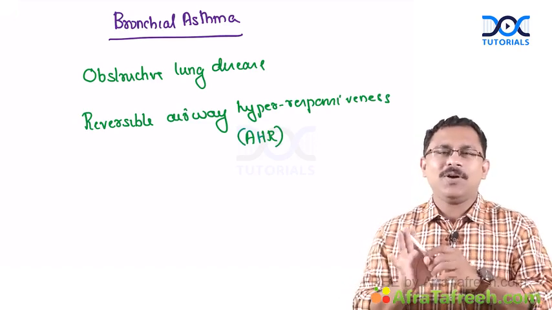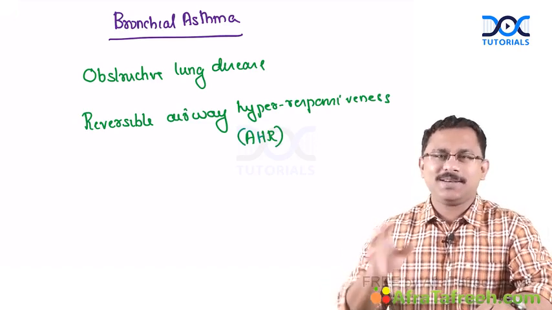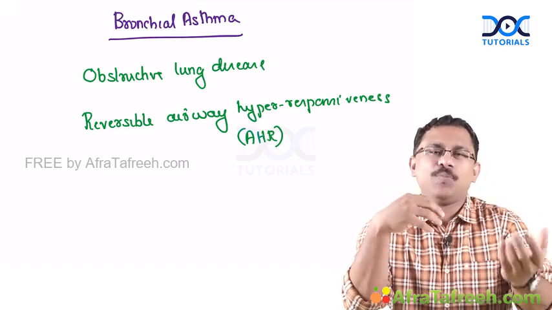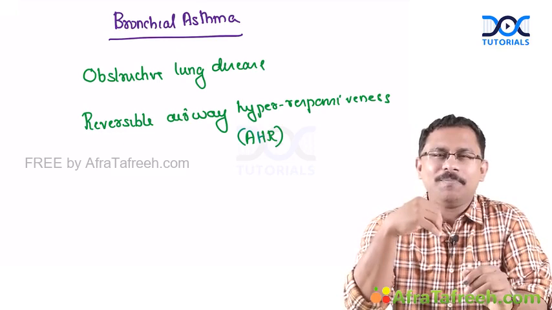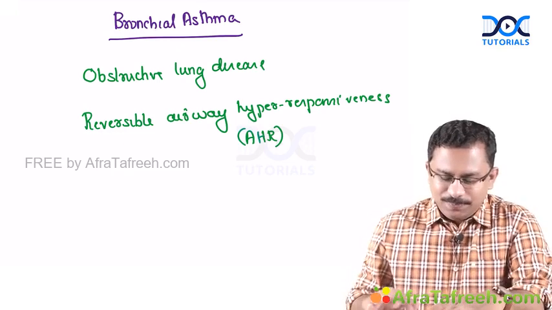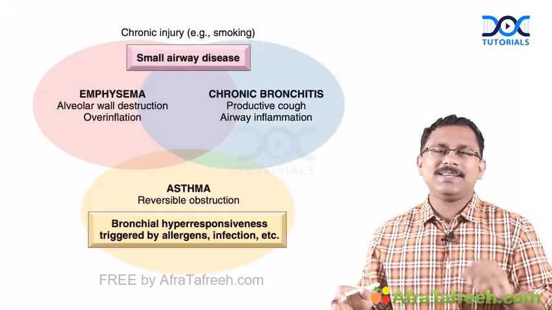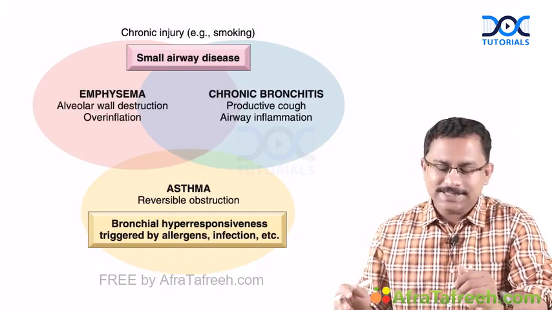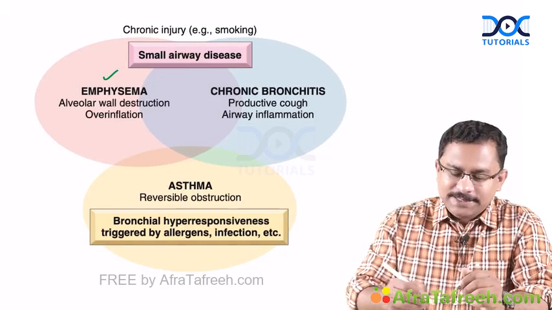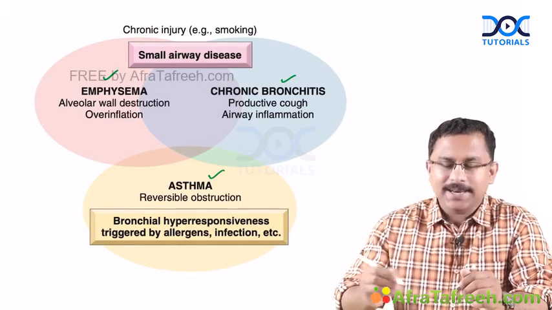Now, how is bronchial asthma different from an obstructive lung disease like COPD, chronic obstructive pulmonary disease? So let's just try to compare both. This figure shows the various obstructive lung diseases: emphysema, chronic bronchitis and asthma.